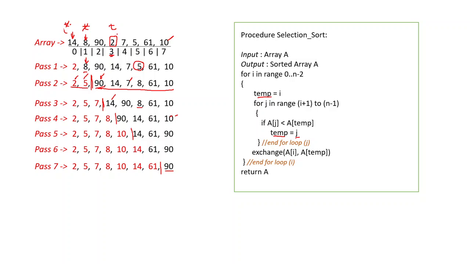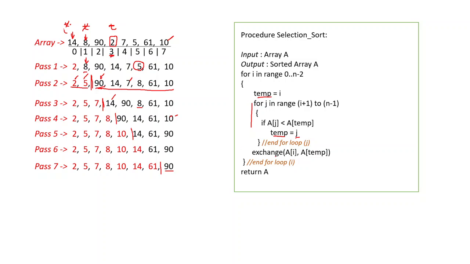Now we will be considering if 7 is less than 2, no. 5 is less than 2, no. 61 is less than 2, no. 10 is less than 2, no. So the value of temp after the end of this J loop is 3.